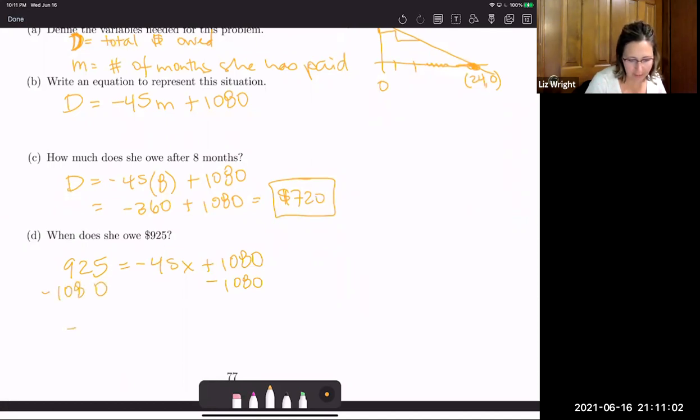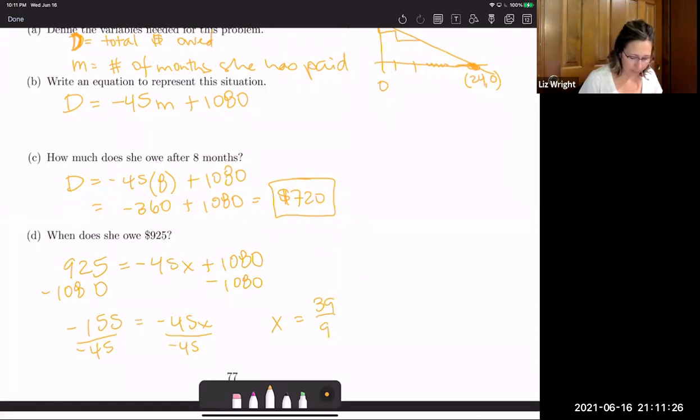And we should get negative 155 equals negative 45x. Let's divide both sides by negative 45. So that ends up being x equals 31 over 9.